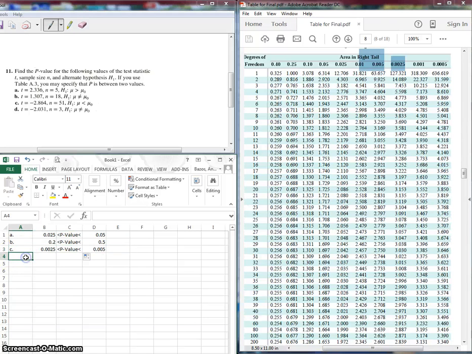So now going to D. Same scenario, but here we go: it's two tail again, so we're going to have to multiply by 2. Negative t. We have a degrees of freedom of 2 because our n is 3. Now we're looking for our t value, and even though it's negative, we're going to switch it to the positive version, taking the absolute value of it.